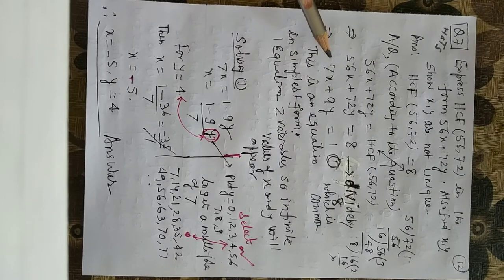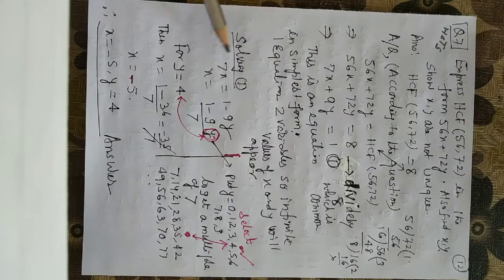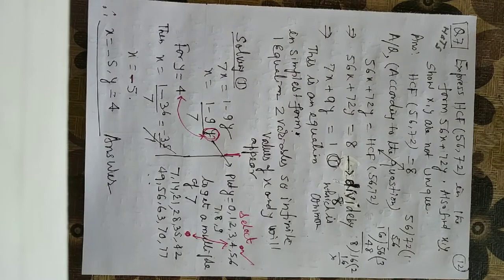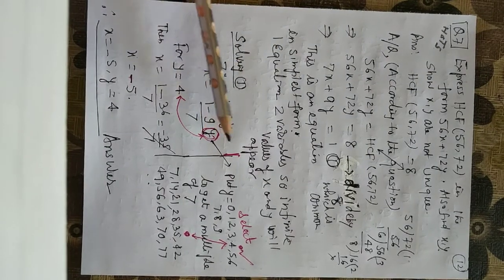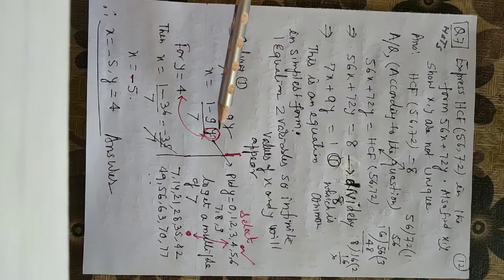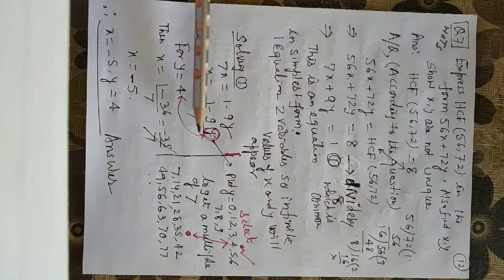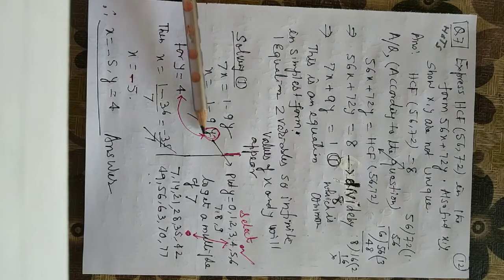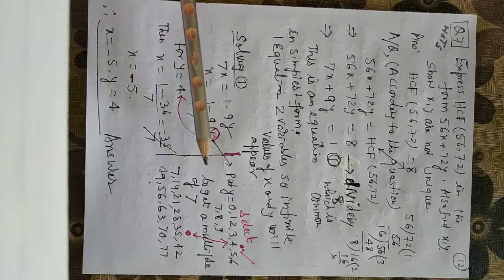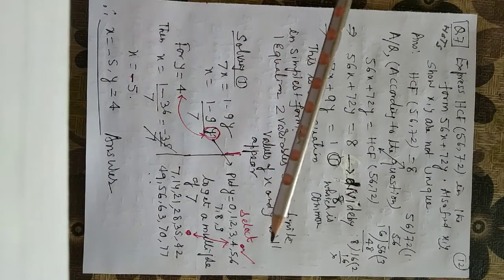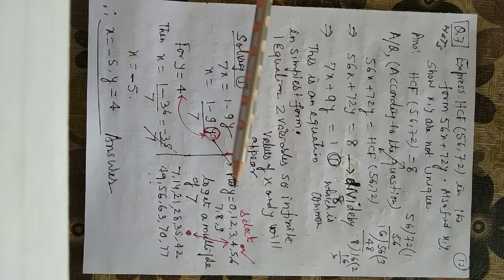Now how to solve this? Just see, 7x is equal to 1 minus 9y, so x is equal to 1 minus 9y by 7. Now you have to select y, starting from 0, in such a way that the whole right side expression is divisible by 7. So try y as 0, then 1, then 2, then 3, 4, 5, and so on, and get a multiple of 7.